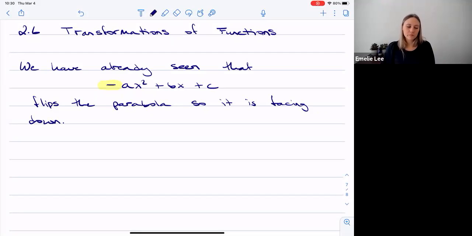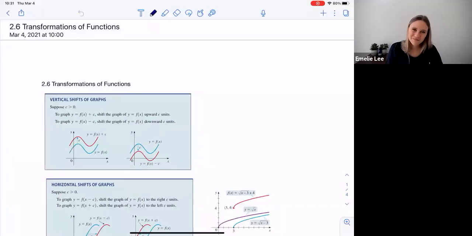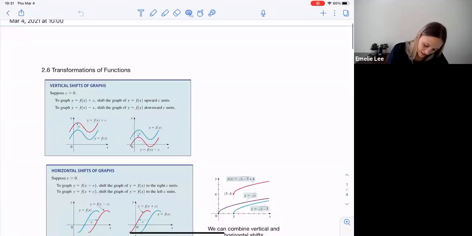I'm not going to focus too much on it, but on a test, I'll give you a function and then ask you, okay, how has this function been transformed? And then usually it's multiple choice and you just need to pick the appropriate one. Harder than it sounds.